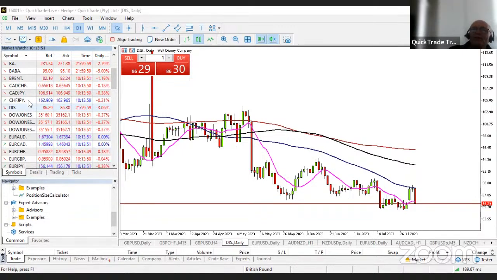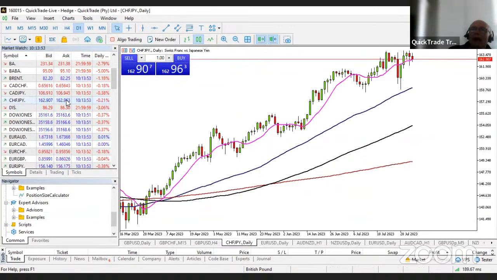Now, if you go to CHF JPY, because it's an exotic again, because I know the Swiss is a major, but hang on, Japanese, even though that's a major, it's called a cross. Sorry, the US dollar's got to be involved to make it a major. Slightly wider spreads, 91 to 97.6 pips.